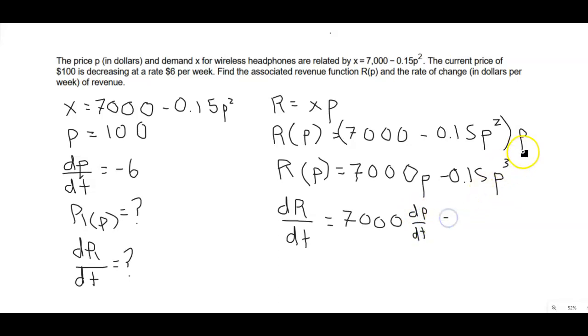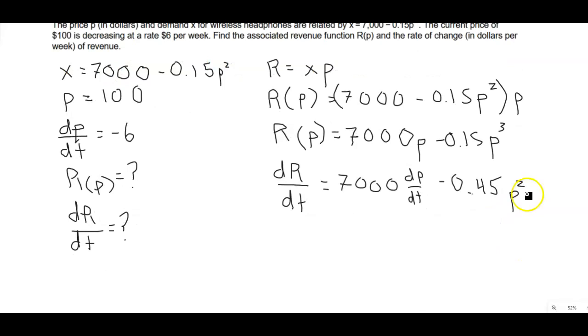And minus, bring the 3 out front here. 3 times 0.15 is 0.45, and that'll be P squared. And then we just took the derivative of P again, so I have to multiply by a dP over dt. And then we just plug this in here.